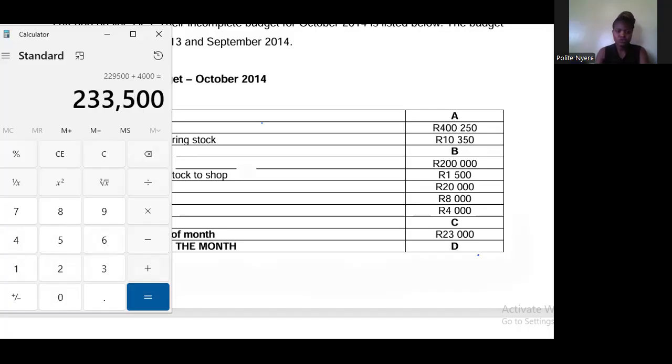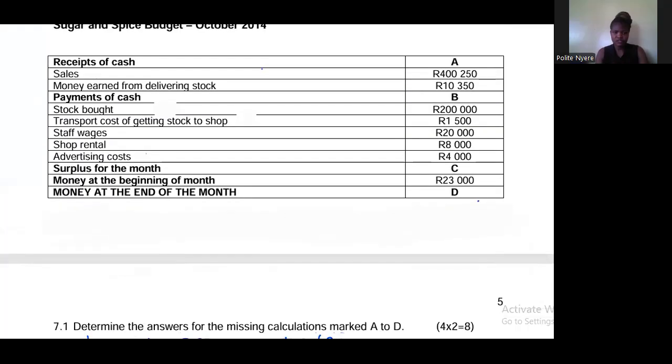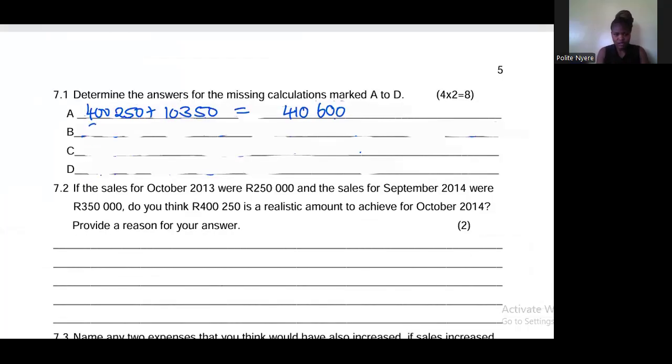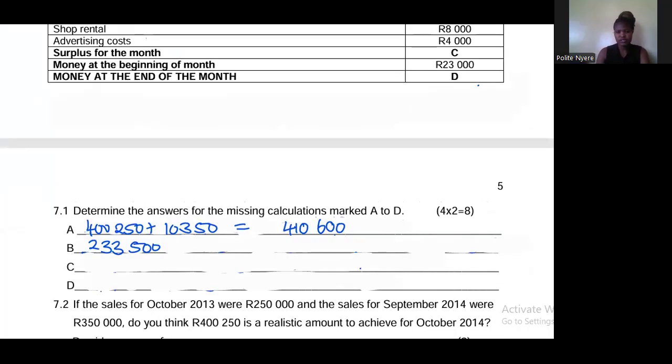So we are getting 233,500. I didn't show the workings because the numbers are a lot, but I hope you have seen how we found this answer. Let's move on to C.